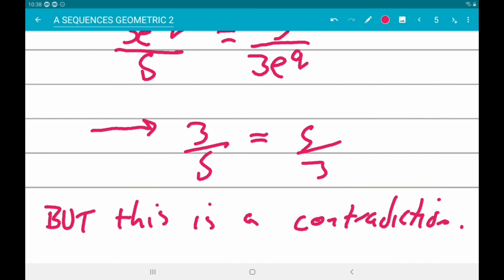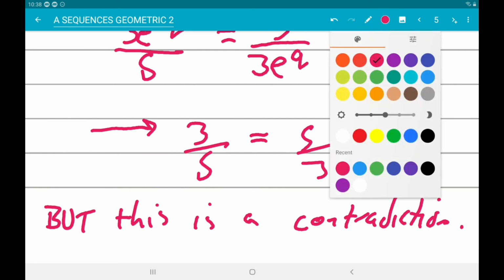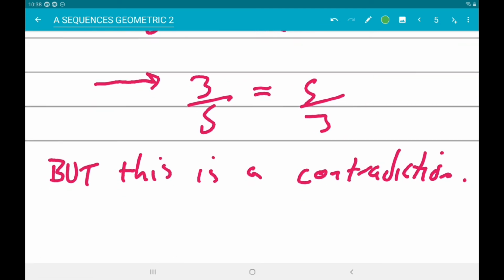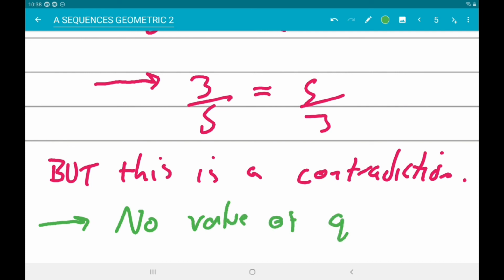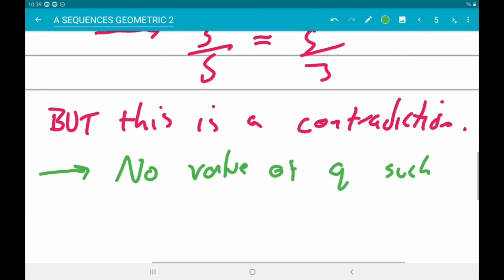So it's broken maths. Therefore, it cannot be true. So we then need to finish by saying, therefore, there is no value of q such that they are consecutive terms of a geometric sequence.